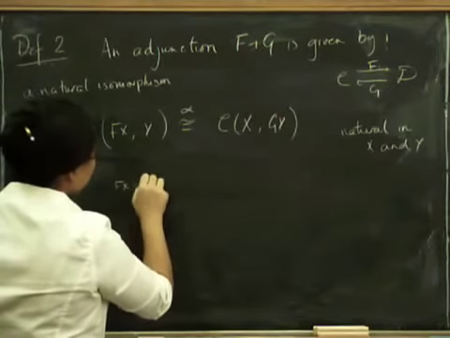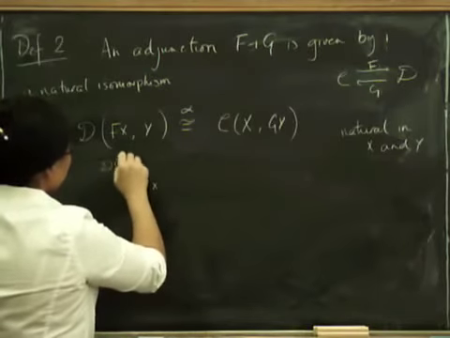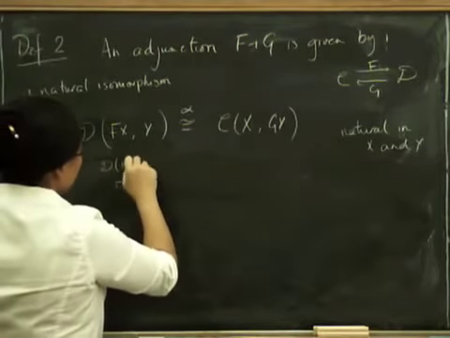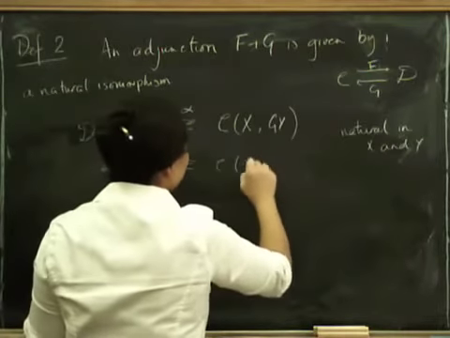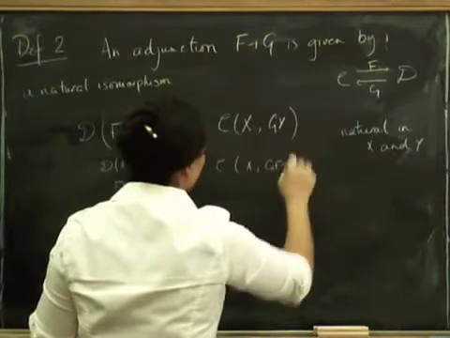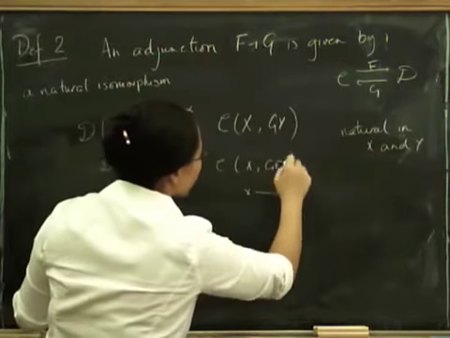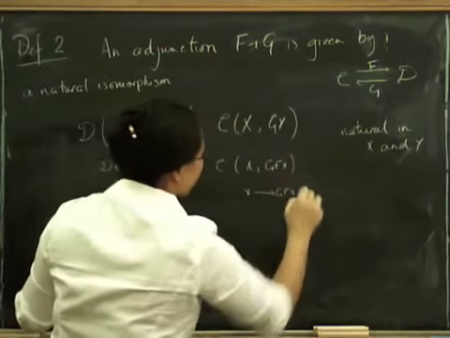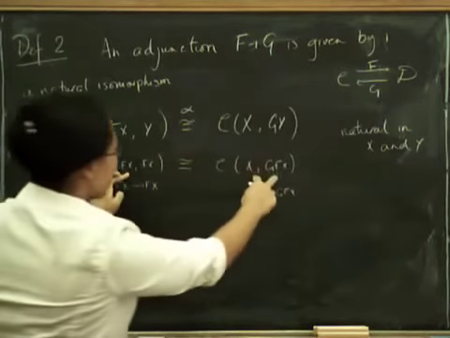So if we take a morphism from f of x to f of x, which lives inside d of f of x, this set is supposed to be isomorphic to c from x to g f of x. So this is supposed to produce a morphism from x to g f of x. Right? This isomorphism is a correspondence between morphisms like this and morphisms like this.